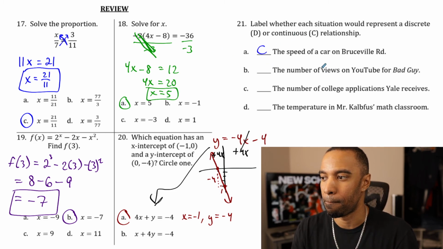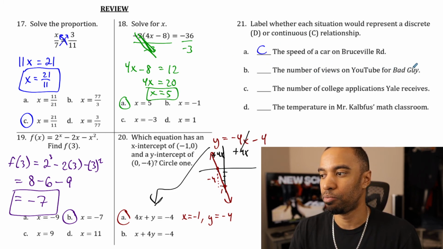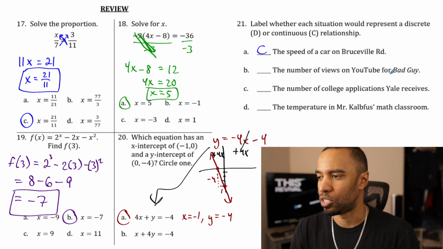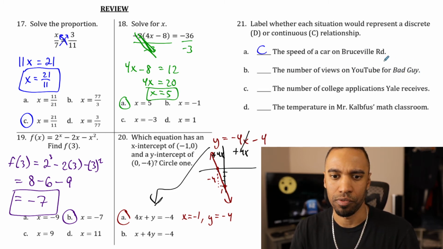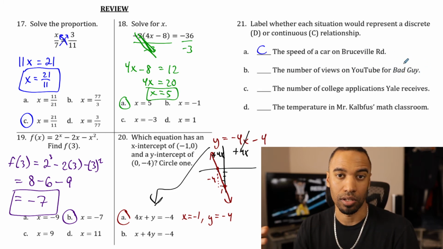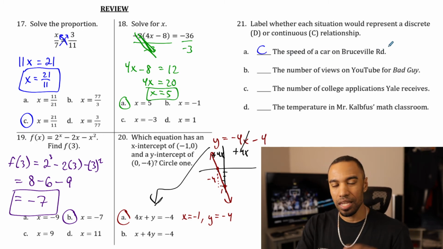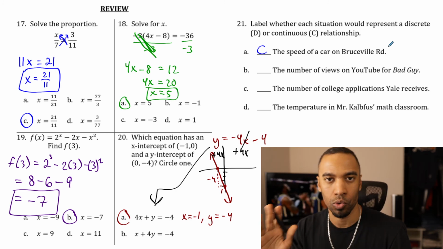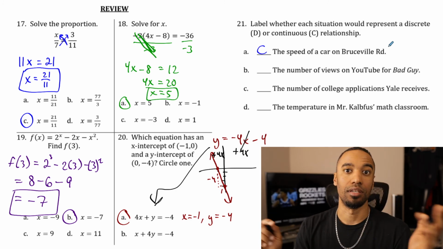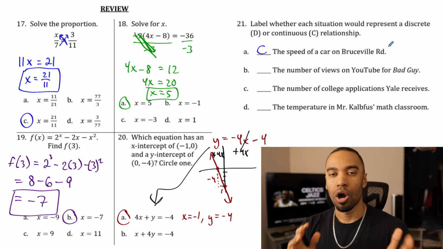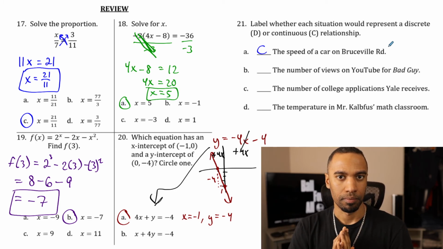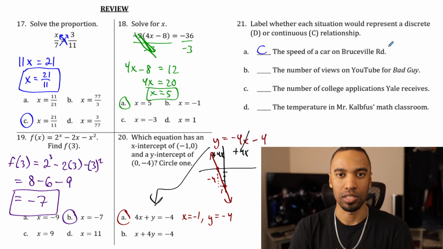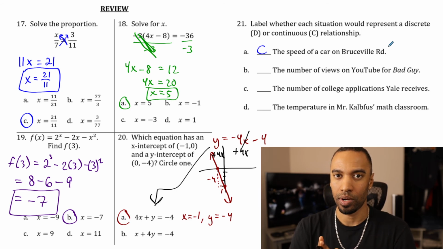That's a continuous relationship. The number of views on YouTube for Bad Guy, that's the Billie Eilish song, which is one of the more popular, most viewed videos, I guess, at least in the last year. People are always going to be viewing the video unless YouTube goes away, unless everyone dies. There are always going to be views going up. Now, does that mean it's continuous, that it's continually increasing?